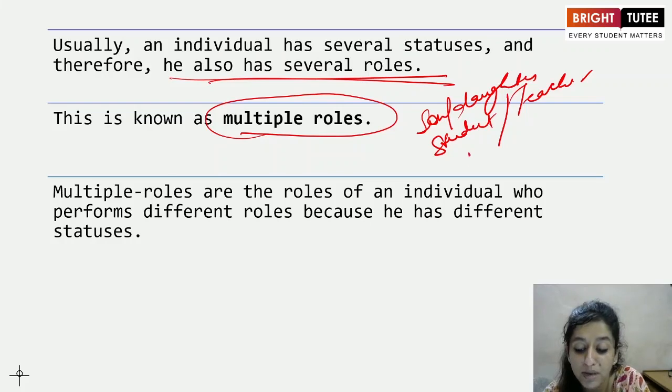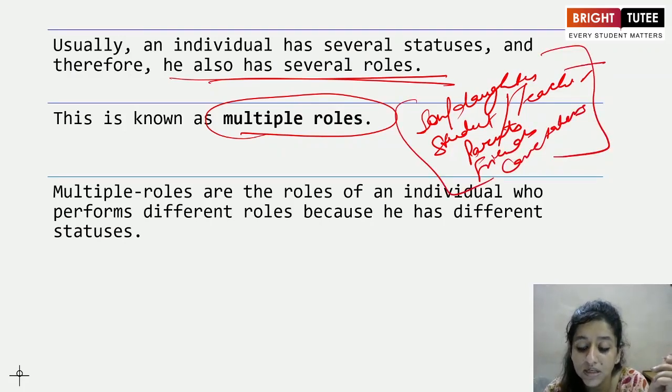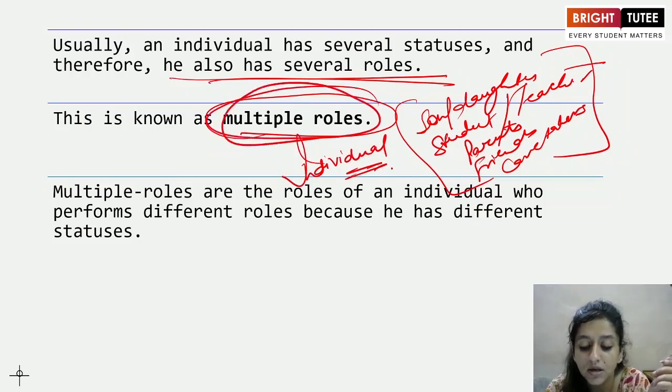We as teachers also may have the role of parents. We do have the role of sons and daughters. We do have the role of friends. We do have the role of caretakers for our pets, for our family members. All of these things combined together, because it is only an individual who is performing all of these roles, come under a term known as multiple roles.